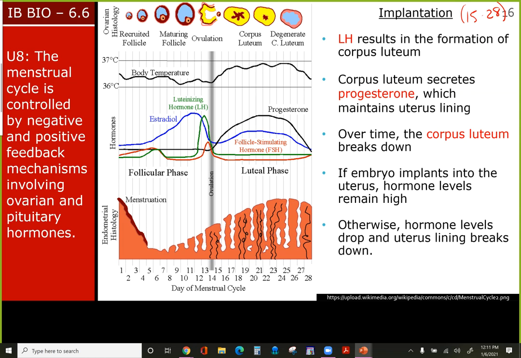That's your window of conception. Implantation typically happens after that because the egg has to get fertilized. That's conception. And then implantation happens later typically. But we call the whole period of time after ovulation, we call it implantation. I don't know why.